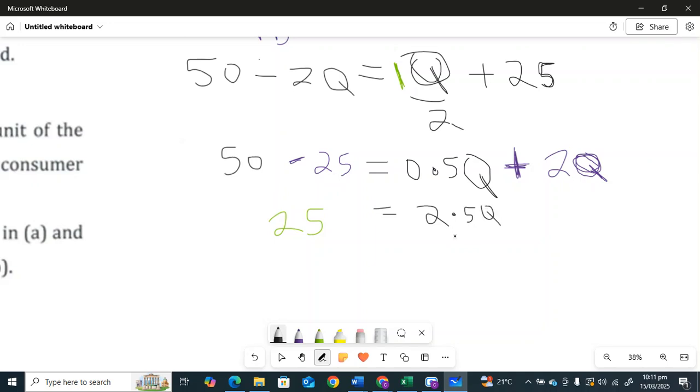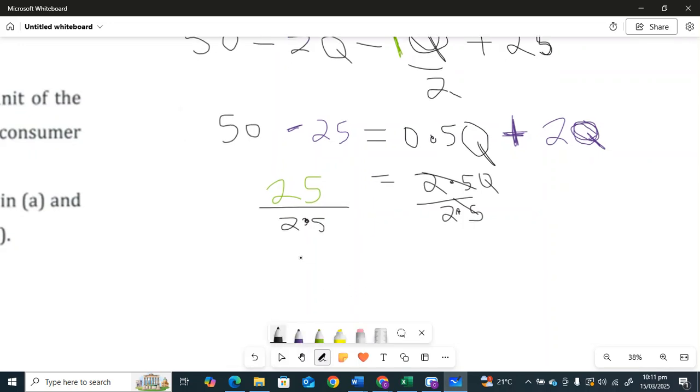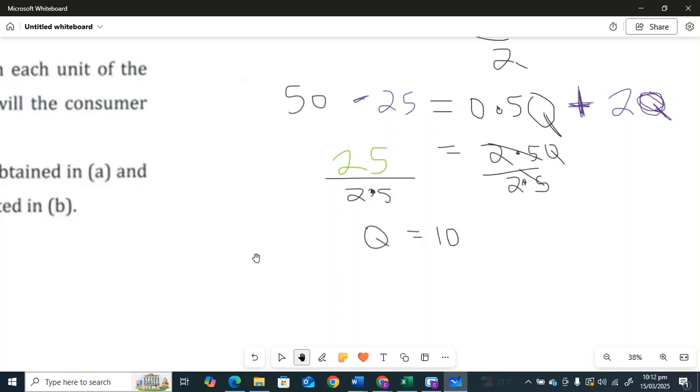To get the value of Q, divide both sides by 2.5. 25 divided by 2.5, 10. 10 units. Okay, that's the equilibrium quantity.